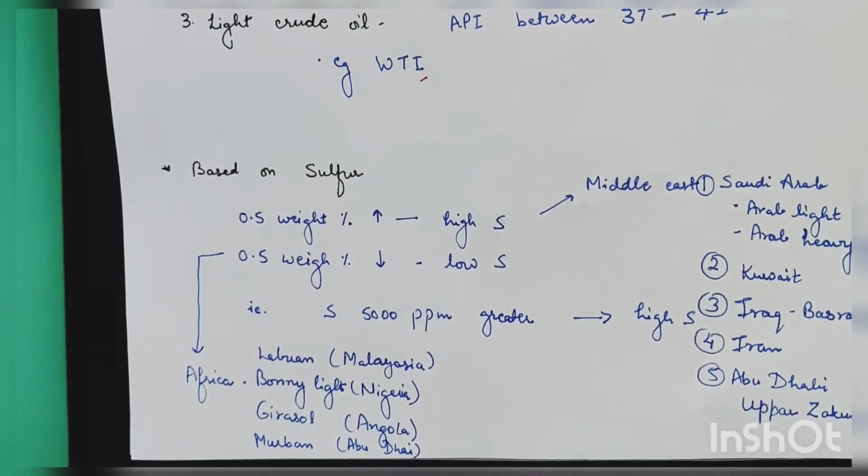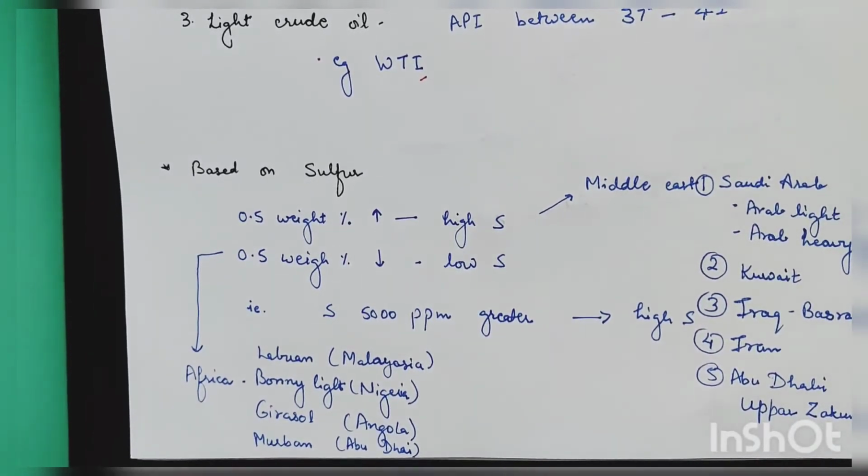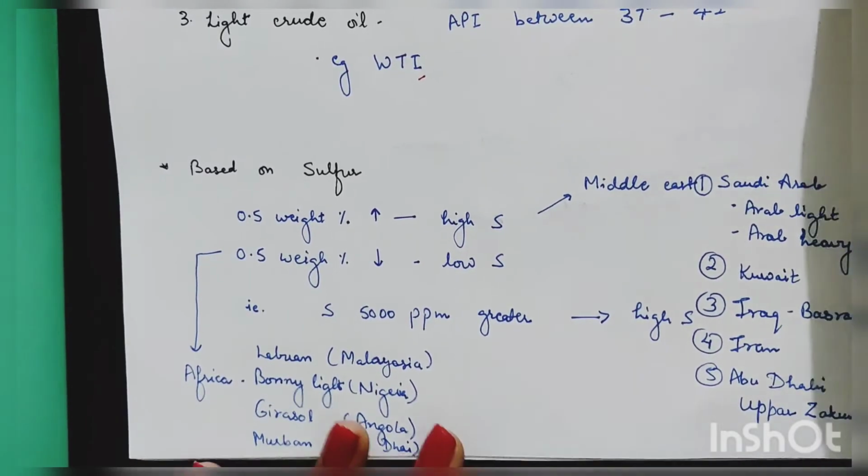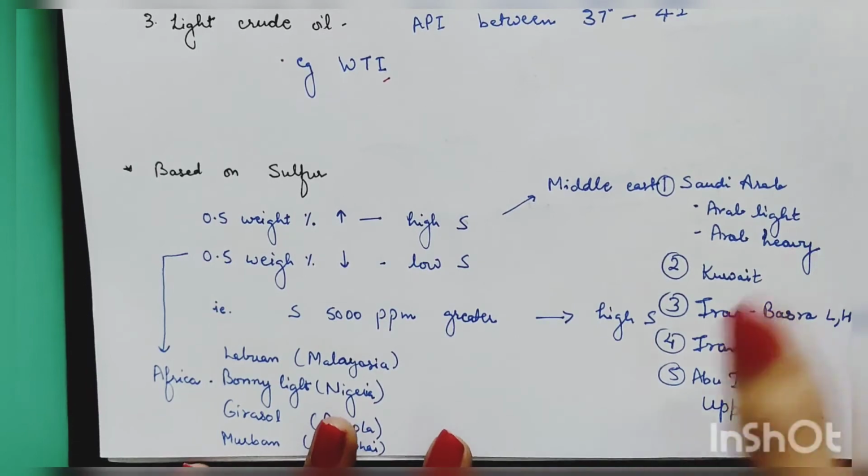That particular unit will be destroyed, or will be degraded due to high sulfur, and will be non-functional. So before going to the refinery, we have to understand the basics of crude oil and which crude oil will go in which type of refinery and which type of refinery operation.